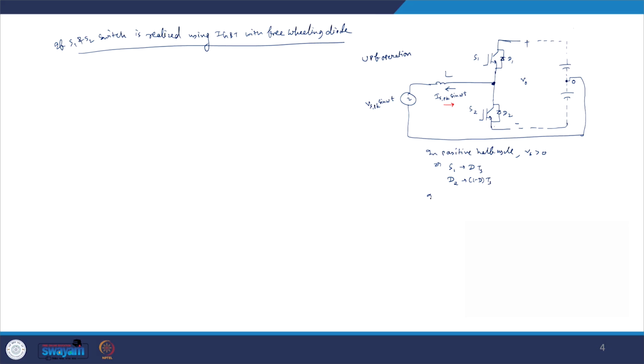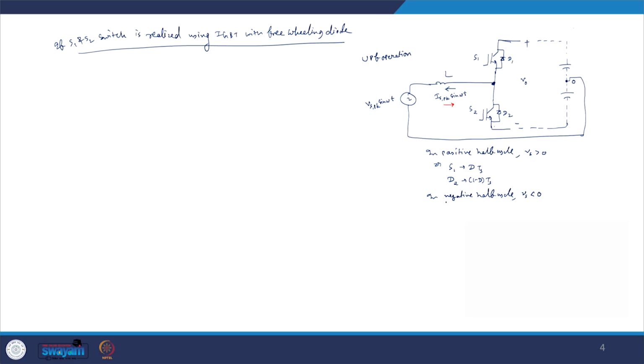And if we see in the negative half cycle, when Vs is less than 0, when the S2 is turned on during the 1 minus dTs period, because the current direction will now be going into the half bridge, it will go through the S2 switch, and when the S2 switch turns off, that means during the dTs period, because the current direction is coming into the half bridge, the current will start flowing through the diode D1.